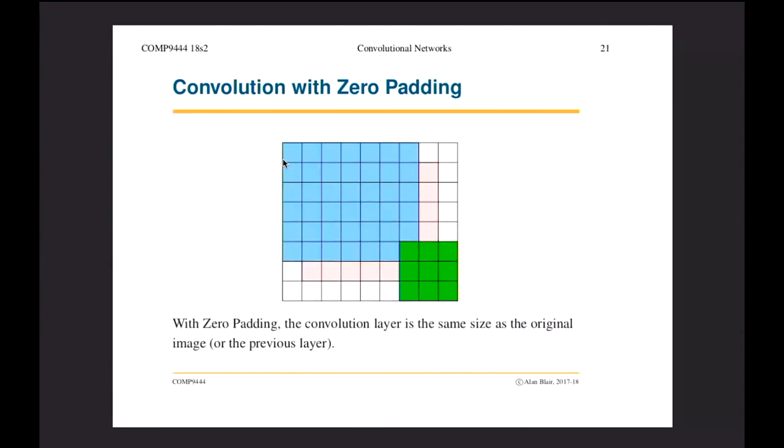If we continue this process, you can see that the original layer is 7 by 6, and the next one is also 6 by 7, and the next one is also 6 by 7. So the size of the image is preserved, and you'll see this in TensorFlow. I think if it says padding equals same, that means it'll have the same size. Effectively, that's zero padding to keep the size of the array the same.